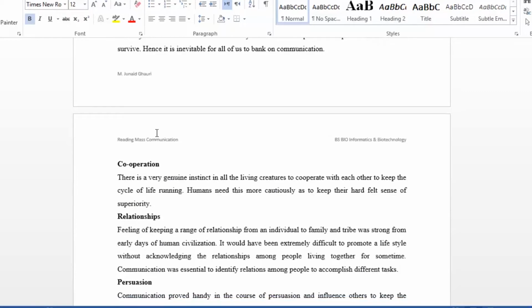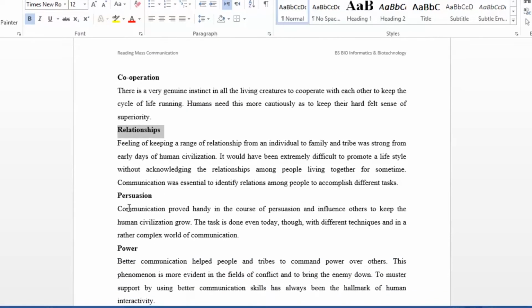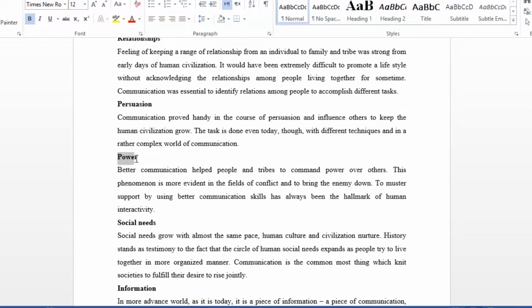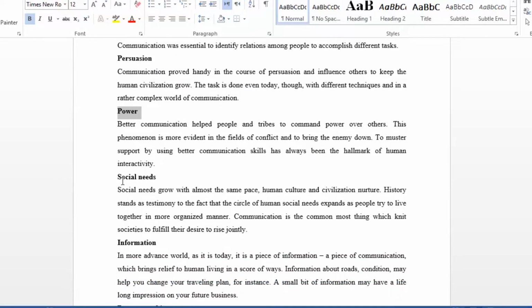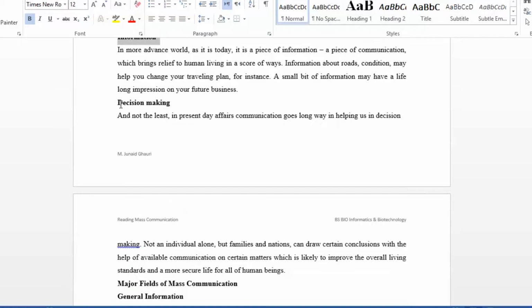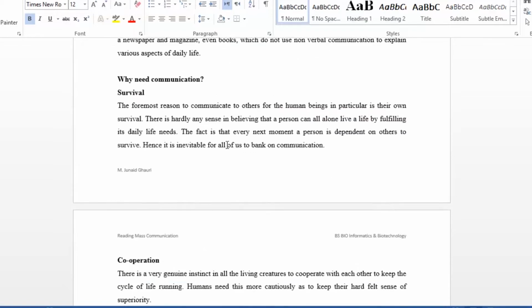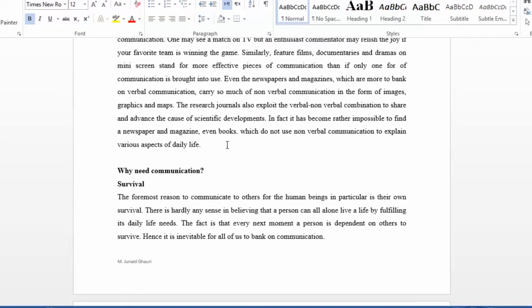You need continuous interaction, coordination, cooperation, and contact with your surroundings, using different styles, modes, and methods, so that we can survive in a particular environment. We'll talk about the importance of communication and why we need it in coming classes in detail, but right now this is just for introduction only.